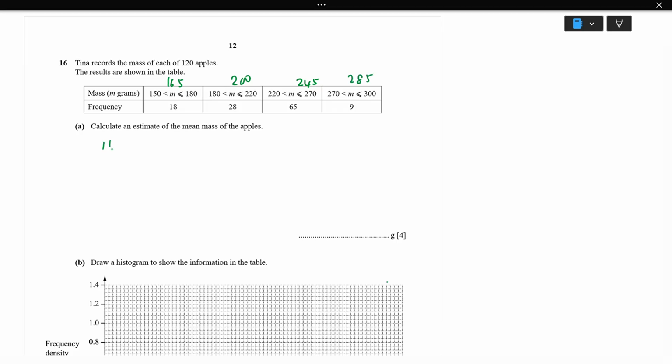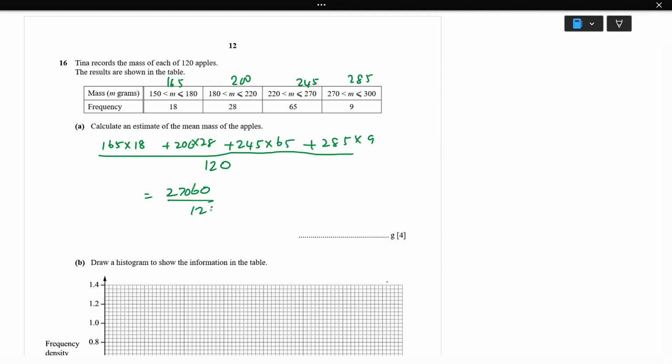So midpoint times frequency: plus 200 times 28 plus 245 times 65 plus 285 times 9, over the total frequency, which is 120. 27060 divided by 120, the answer is 225.5.